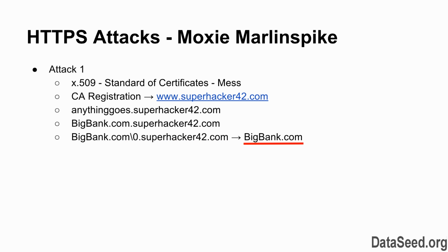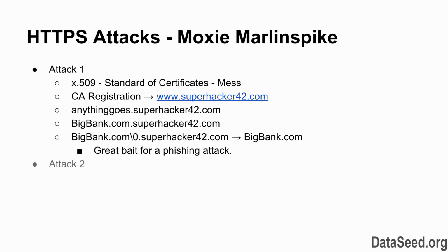And it would be validated by the CA as a secure site. This is a great example of a way a phishing attack can be very effective, as an attacker could use this crazy subdomain and make his website look exactly like the bigbank.com website.